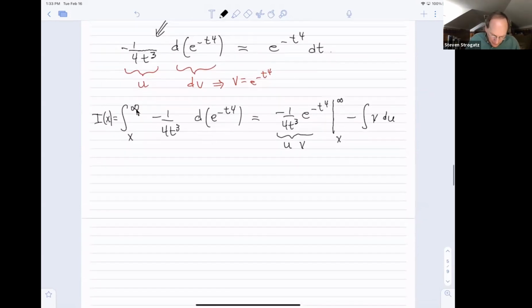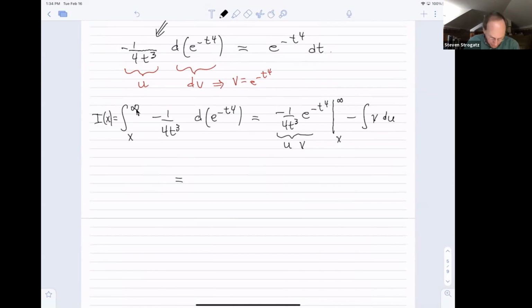So let's calculate each of those. The uv term: when we evaluate at infinity, e to the minus infinity to the fourth power is super small, transcendentally small. Plus we have the infinity cubed in the denominator. So we're not getting any contribution from infinity, that's for sure.